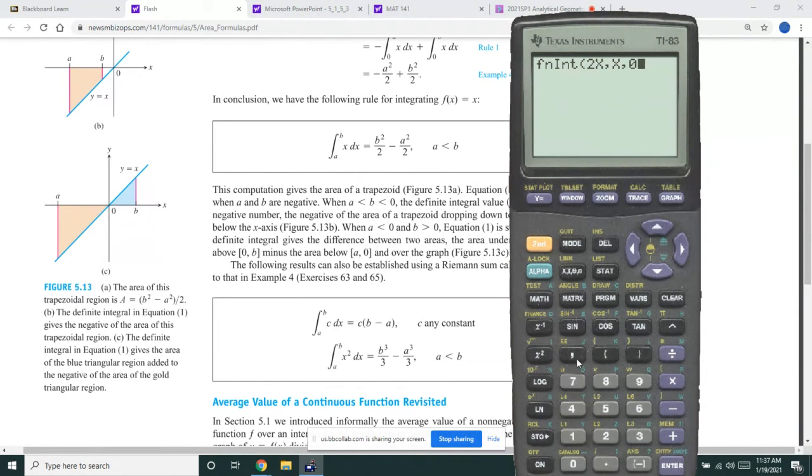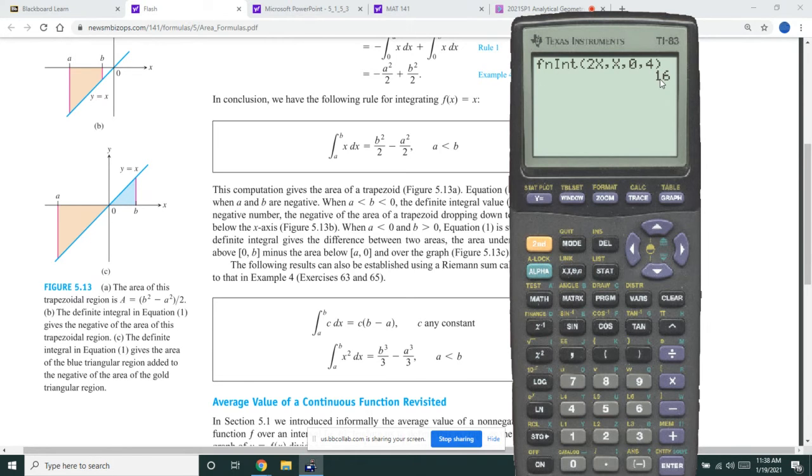Then you put in your lower limit. You want to put in your upper limit. And it gives us the integral of 16. Now, you can only use the calculator for definite integrals. Okay, you must put in a lower limit and you must put in an upper limit.